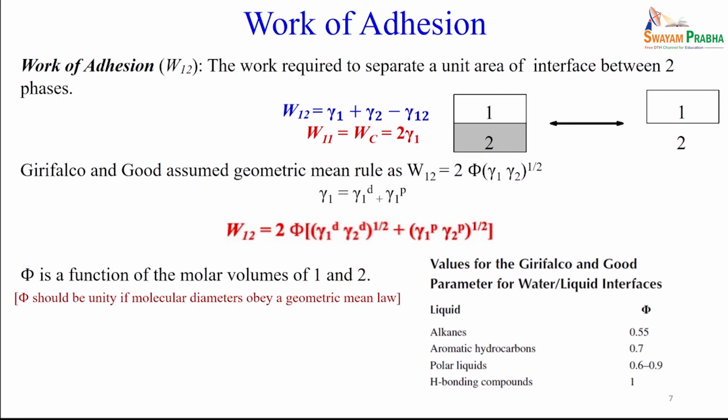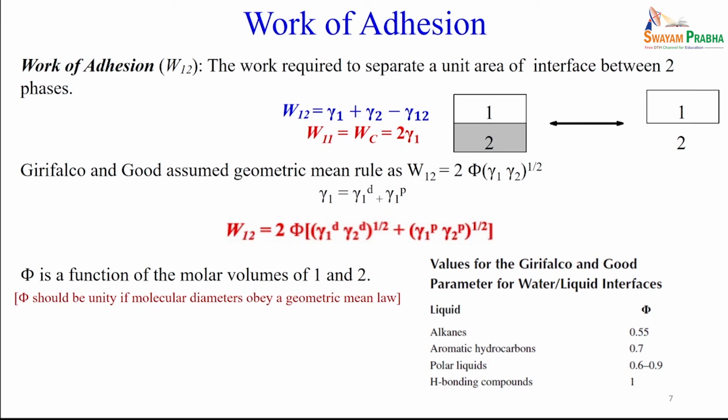Now, we will just see how we calculate the work of adhesion. The work of adhesion between 1 and 2 is the work required to separate the unit area of the interface. W12 is the surface energy of 1 plus surface energy of 2 minus gamma 12, or you can say the surface energy of 1 plus surface energy of 2 minus the interfacial energy.